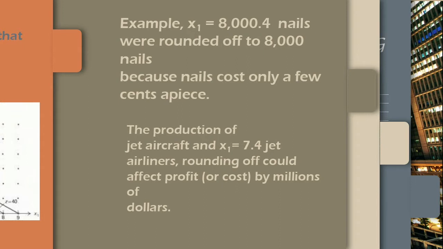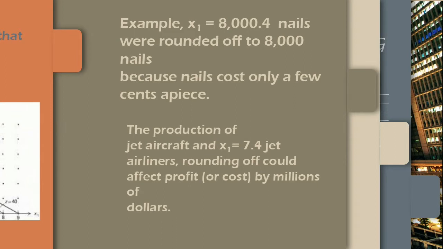But if we are considering the production of jet aircraft and x sub 1 equals 7.4 jet airliners, rounding off could affect profit or cost by millions of dollars, because jet aircraft production is much bigger than nails.